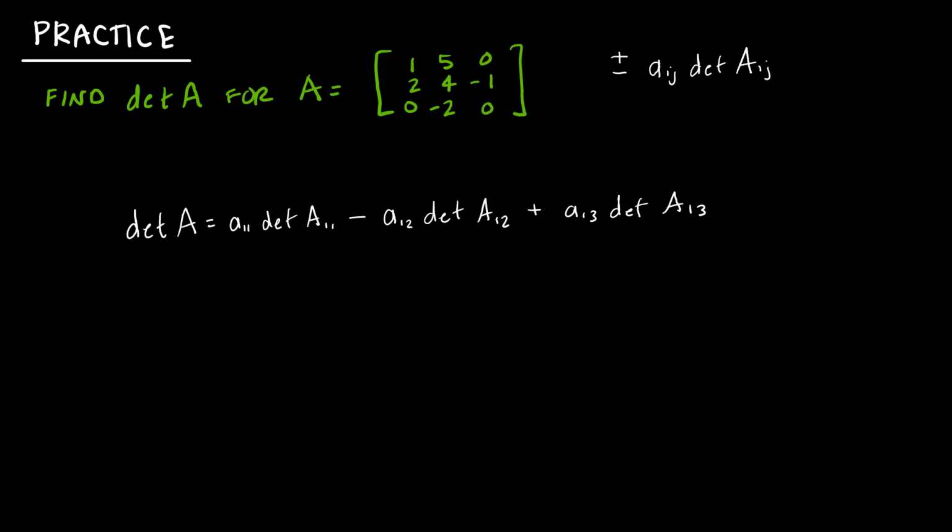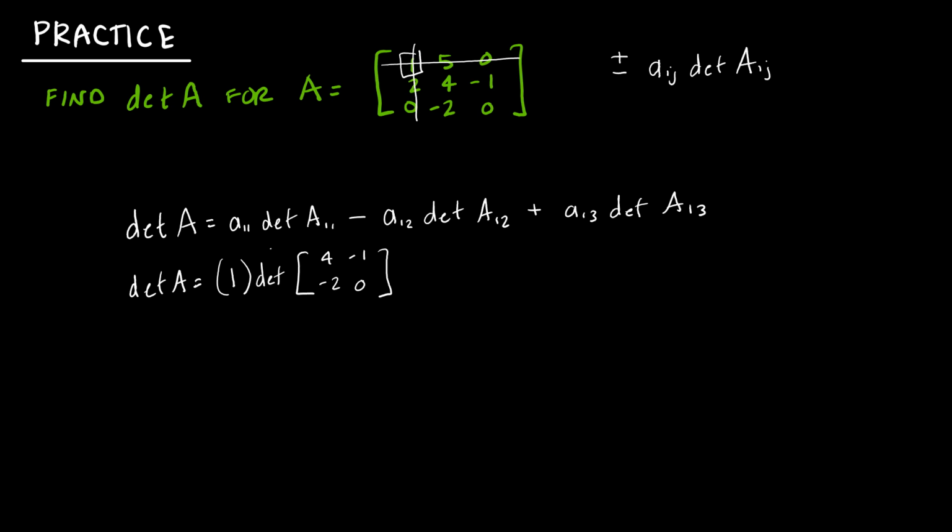And I stop there because there are 3 rows and 3 columns, telling me that that is the very last one. So now let's actually start looking at some numbers. The determinant of A, A11 is 1, and then I'm going to find the determinant of, and again I'm going to take out the row and column that 1 is in, so that gives me 4, -1, -2, 0.